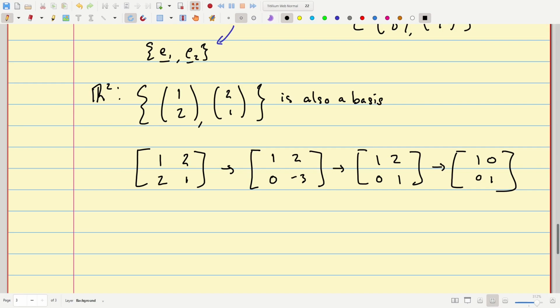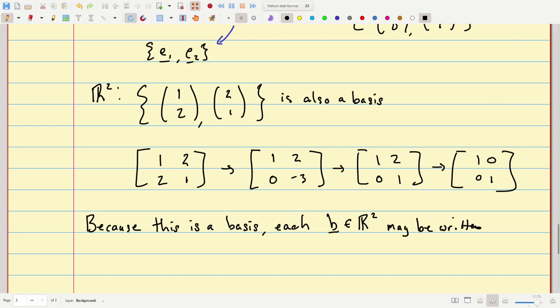Now, what this means is that each vector B that's an element of two-dimensional space may be written as a linear combination of these vectors.